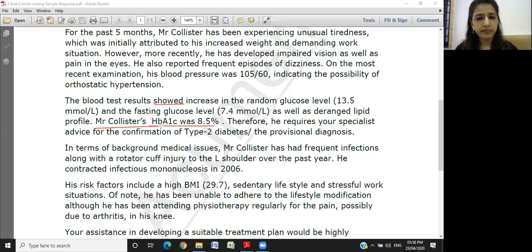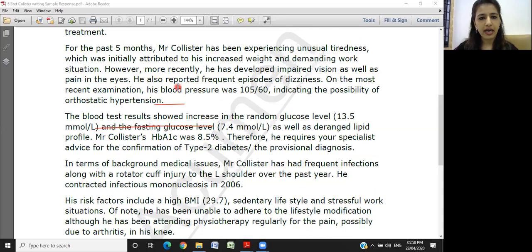Ma'am, can you write high BMI and sedentary lifestyle and stressful work in either the first or second paragraph? So in that case, what we would do is, here, after writing the 5 months factor, instead of writing more recently, you could have written the second last visit.